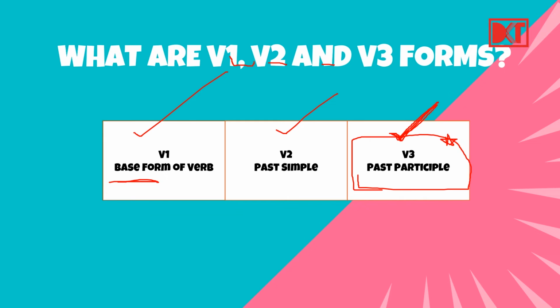In the next few slides I have provided you the most common verbs which are used in our regular conversations, and a list of their V1, V2 and V3 forms. I will just be going through the slides, reading out a few verbs.